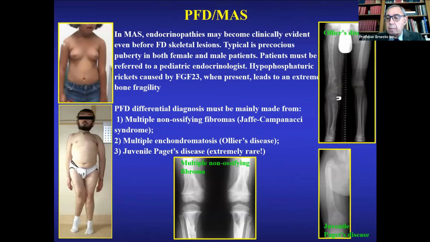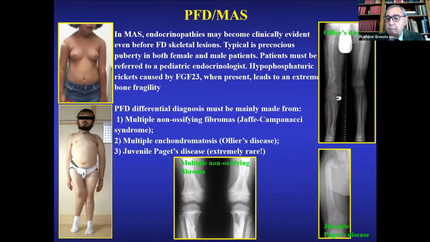In McCune-Albright syndrome, endocrinopathies may become clinically evident even before skeletal lesions. Typical is precocious puberty in both female and male patients.